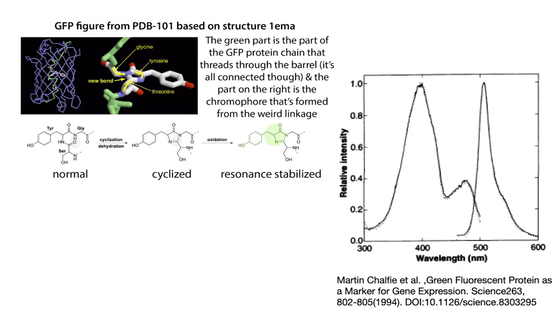But GFP actually has a built-in fluorophore in the protein itself. You get this cool cyclized bond between this glycine and this serine. This then gets resonance stabilized. So remember resonance, we're lowering the energy cost to go between the electron states, making it easier to excite it. This is going to make it so that it absorbs light and then lets off light.